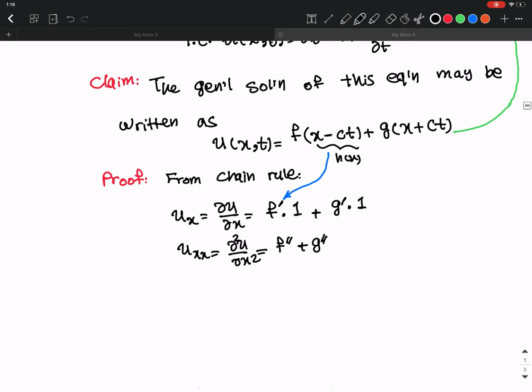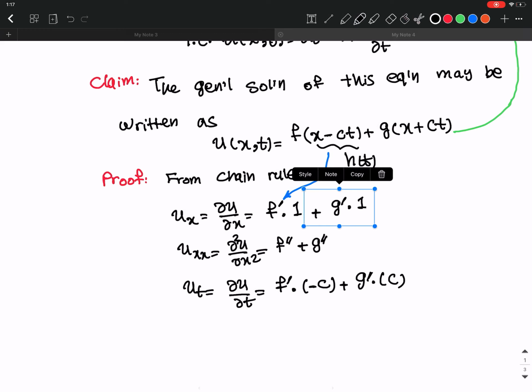So the first derivative of u with respect to time, partial u over partial t, equals f prime times, now I have to write the inner function as a function of time, x minus ct, so I multiply by its derivative, which is minus c, plus g prime times c.